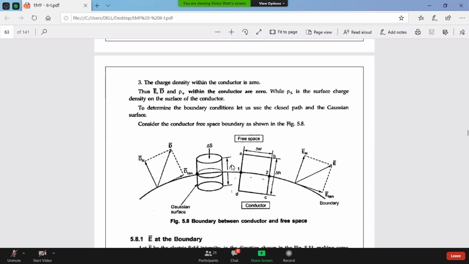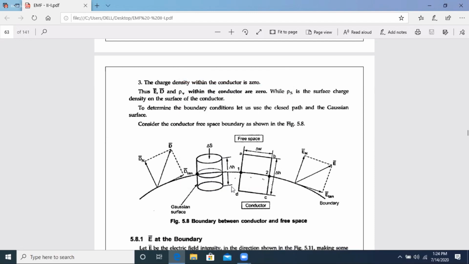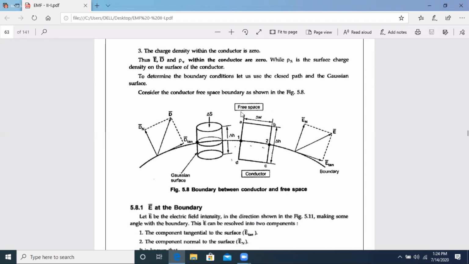Cylinder, a delta height, and a delta surface at the ends. And this is your total Gaussian surface. Now, this is free space, and this is within your conductor. Okay?